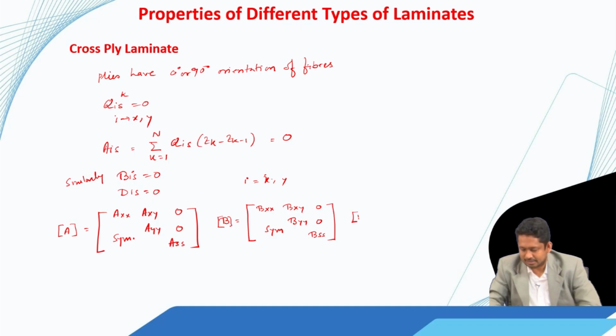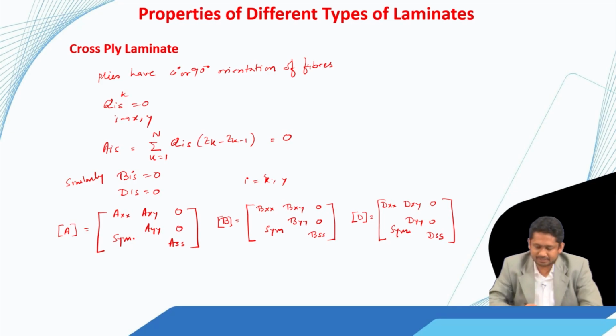Likewise, the D matrix is also the same thing, with DYY and DSS, and this is symmetric.